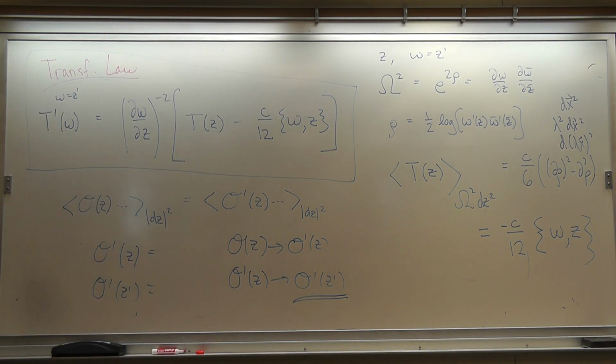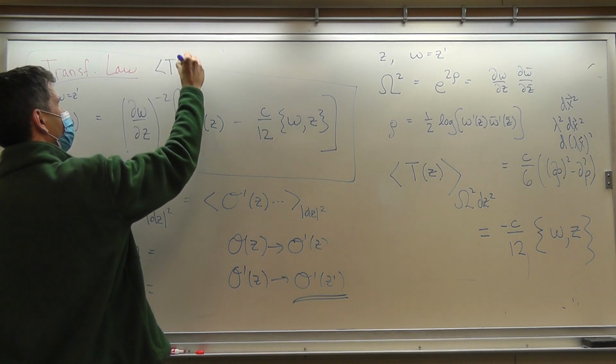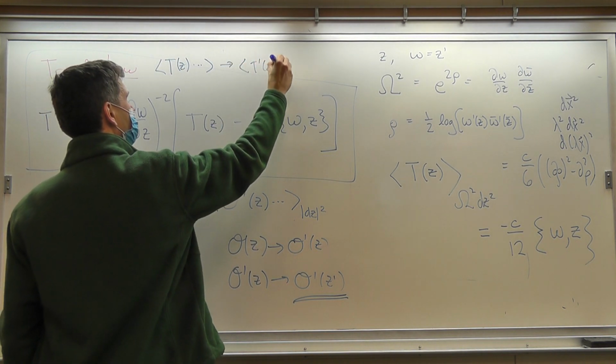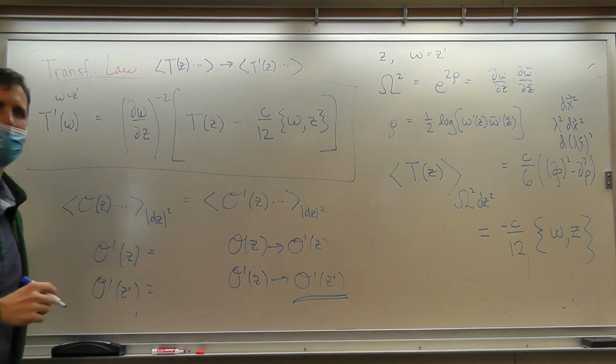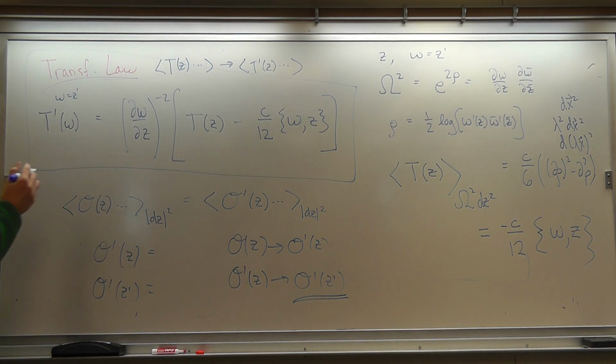So let's look at the stress tensor. If you take some correlators, T of Z, and you just replace them by T prime of Z inside the correlator, then you get the same answer as before. But if you replace them by T prime of W, then you learn about physics on the cylinder. The other thing, where is that equation?